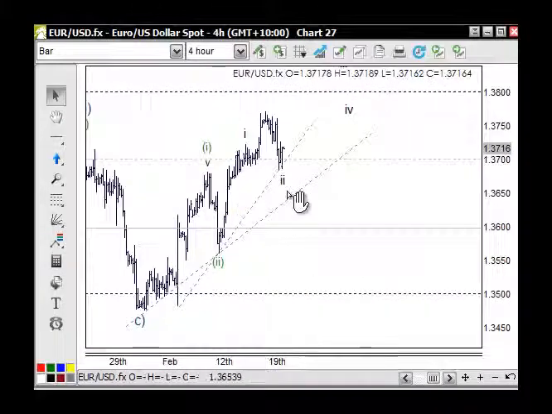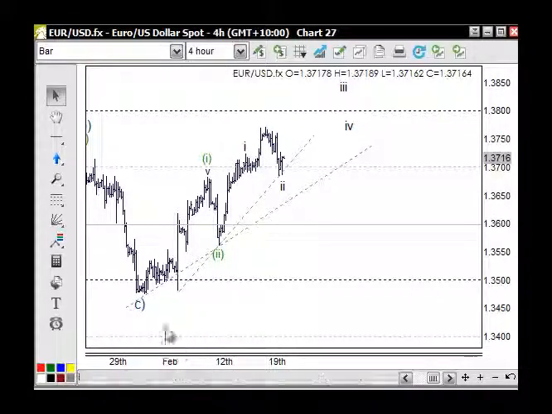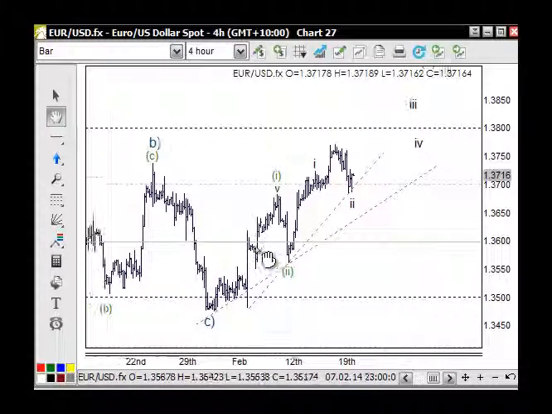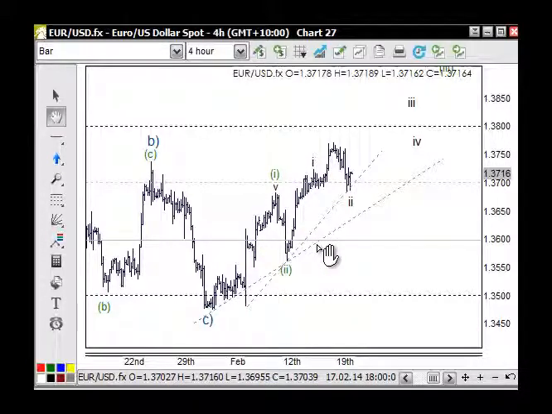So looking at the euro here, don't worry about the count that I've got here. I'm just playing the opposite side of what count we do have on the website.